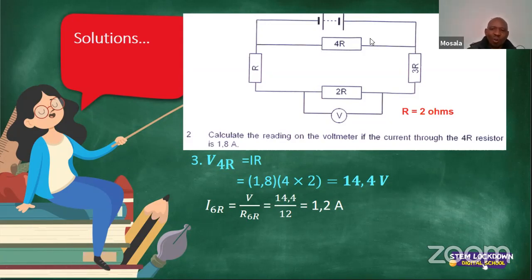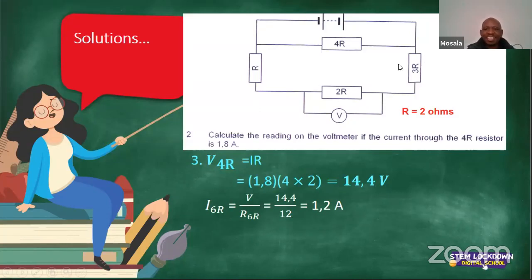We want to know what is the current that is flowing in the R resistor, 2R resistor, and 3R resistor. Remember, with current, the parallel resistors are current dividers. So current has been shared between this 4R resistor and these 3 resistors, right? So we want to know how much of the current will be coming to this side.